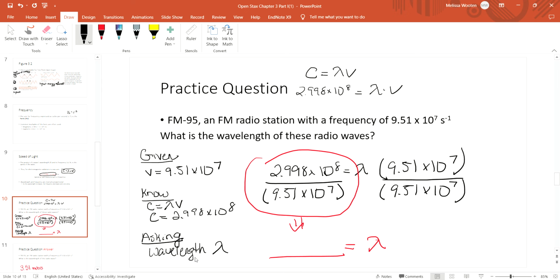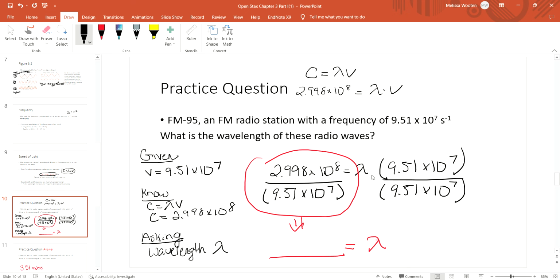It may seem silly to write this out for every problem, but some problems you're going to get extra information that you don't need. If I look at what I know, I already know the speed of light. I already know the frequency, so all I need is the wavelength. So I can tell that I have everything that I need to solve the problem, and I don't have any extra information that I need to disregard.